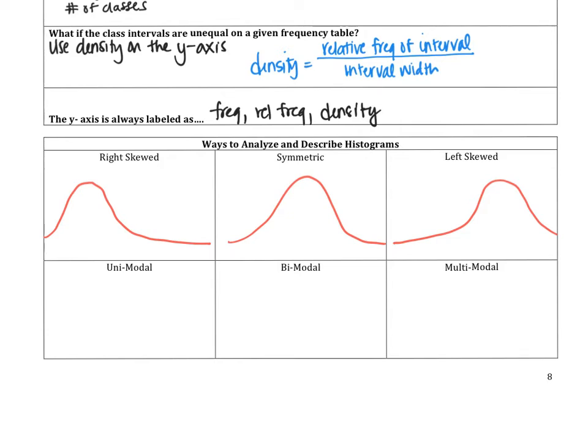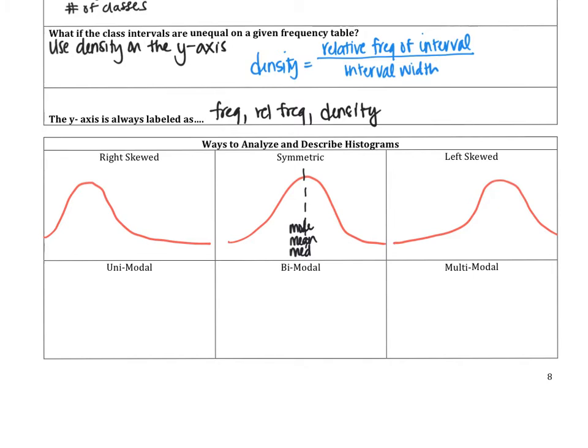Another thing is, with a completely symmetric distribution, regardless of whether it's bell-shaped or not, your mean, median, and mode are all the same value.